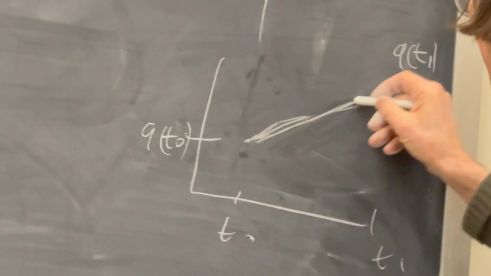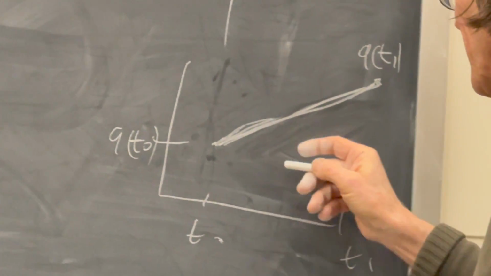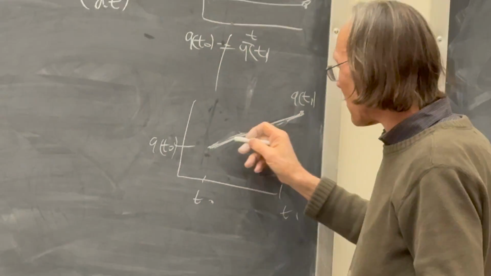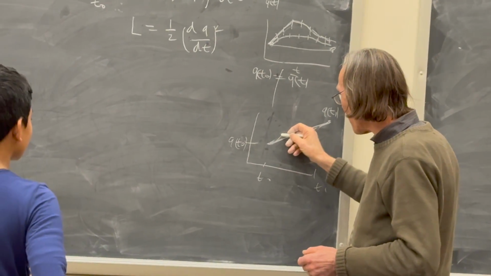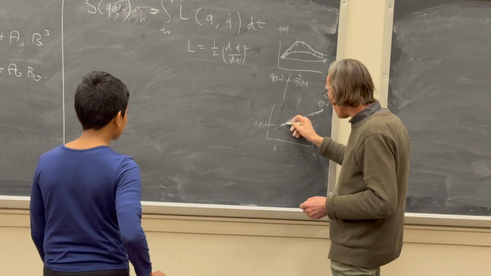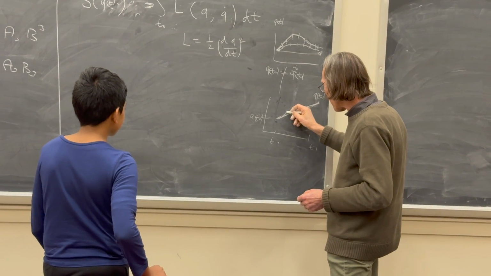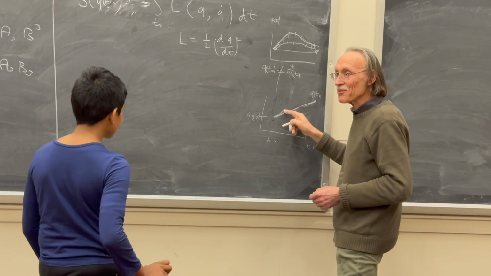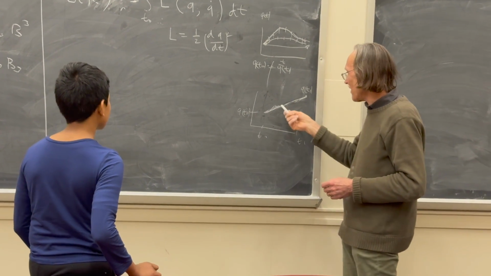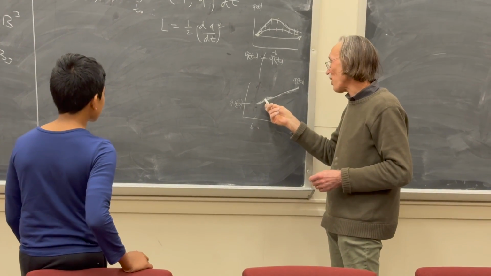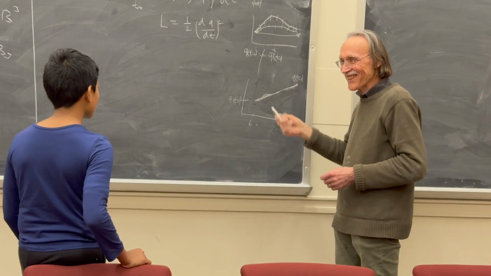I'm not sure we can minimize anything if we're looking at a straight line. Yeah, no, I know, but you have to say, now I'm going to deform it a little bit. I'm going to minimize each segment, and now I deform it a little bit. And I see here the slope becomes larger and here it becomes smaller.